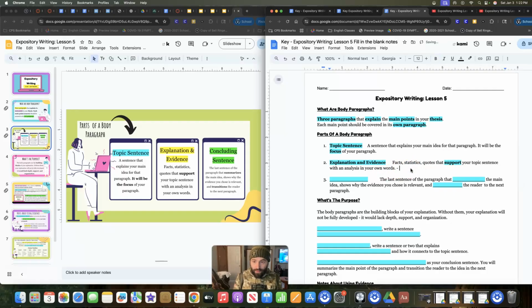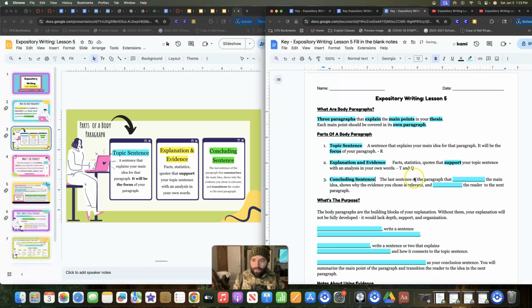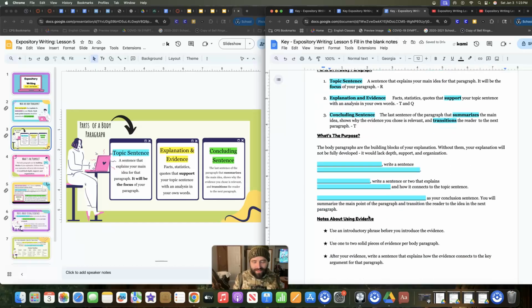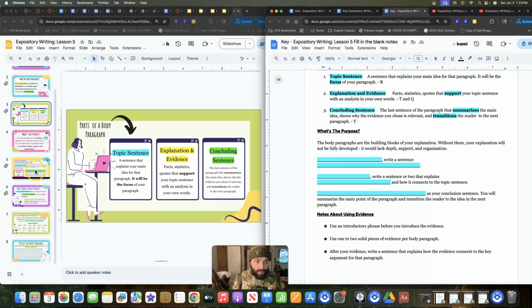This is literally the T and Q. This is, you guessed it, the R, and then concluding sentence, the last sentence of the paragraph that summarizes the main idea, shows why the evidence you chose is relevant, and transitions the reader to the next paragraph. This is the last T. Again, we've already been doing this, guys. I know it. Hopefully it's like, oh my God, Mr. Black, you're right. This is not as crazy as you made it seem, or as we initially thought it was.